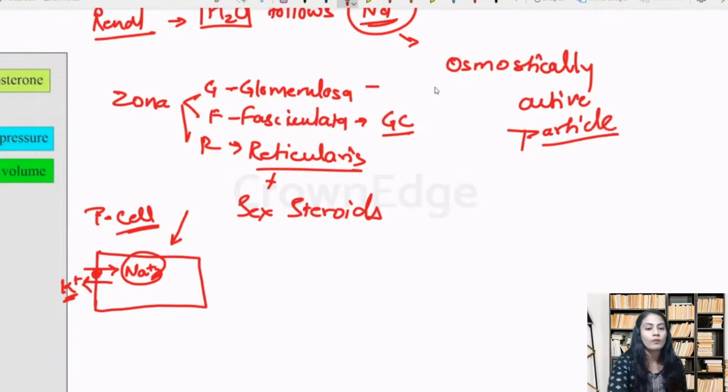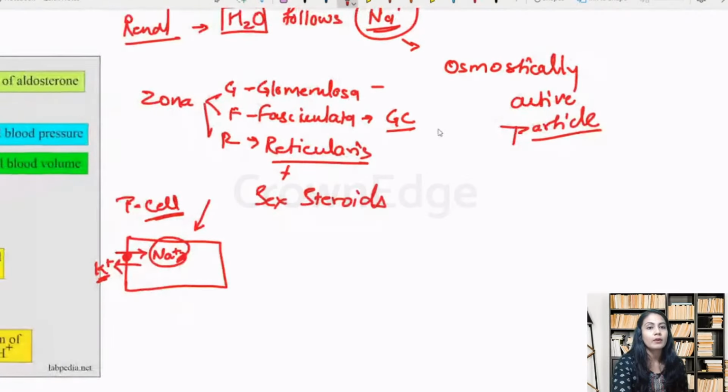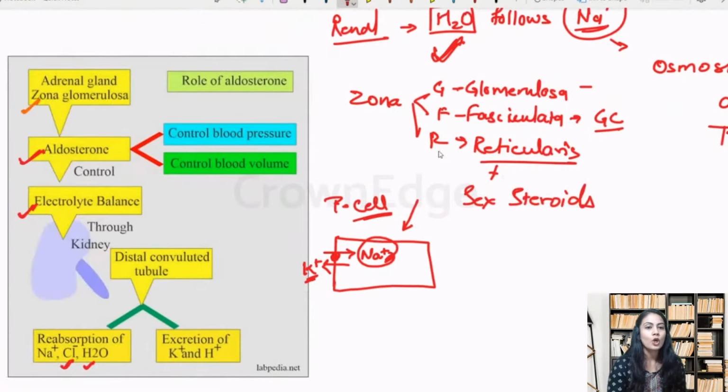And what is your solvent? Water. As the osmotically active sodium gets in, the solute level increases while the water level is still low, so water gets absorbed automatically and maintains the balance of osmolarity. So we increase both sodium, the osmotically active particle, and water.